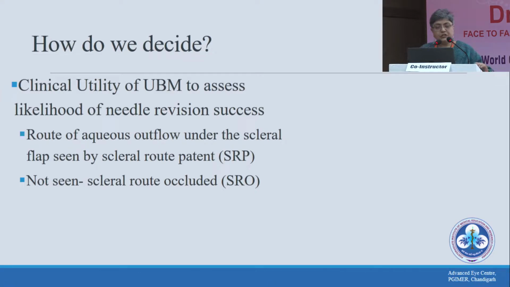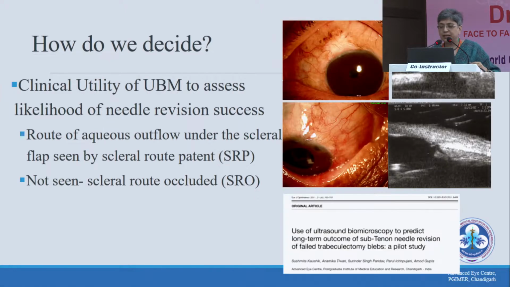A couple of years ago, we actually did a thesis on the clinical utility of the UBM to assess the likelihood of needle success, because what troubled us was not knowing which patient would do all right and which patient wouldn't with the needling. So we used the UBM at that time to look at the passage of fluid beneath the scleral flap.